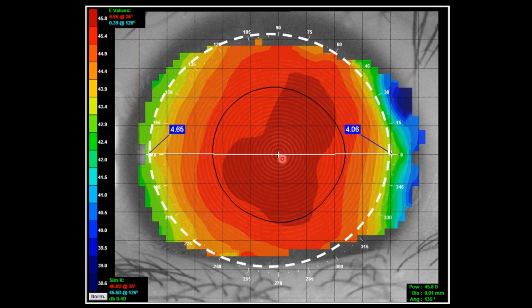But remember, your ortho-k lens is going to vault the central cornea by maybe 5, 7, 10 microns. So it's the periphery where our lens actually lands. So you might focus in on this green-yellow border out here. Is that truly symmetric to the visual axis? If I run a ruler from the visual axis to this point, it measures 4.06 millimeters. If we go from this point to this point, 4.65 millimeters.